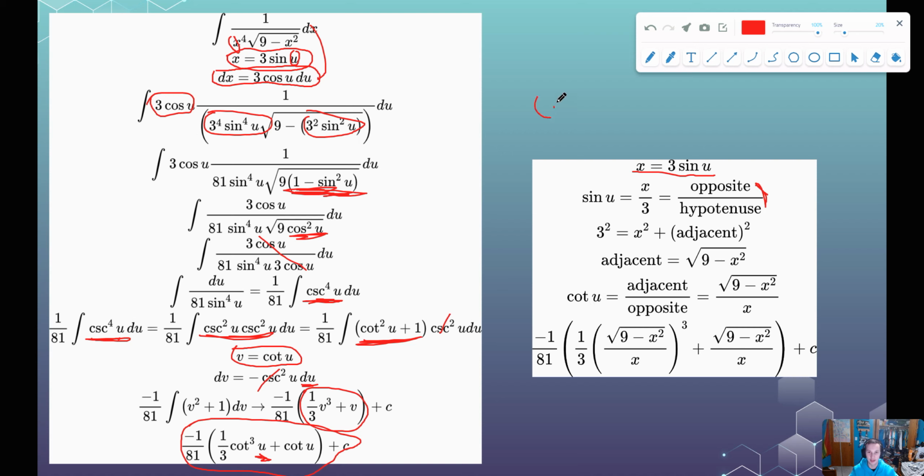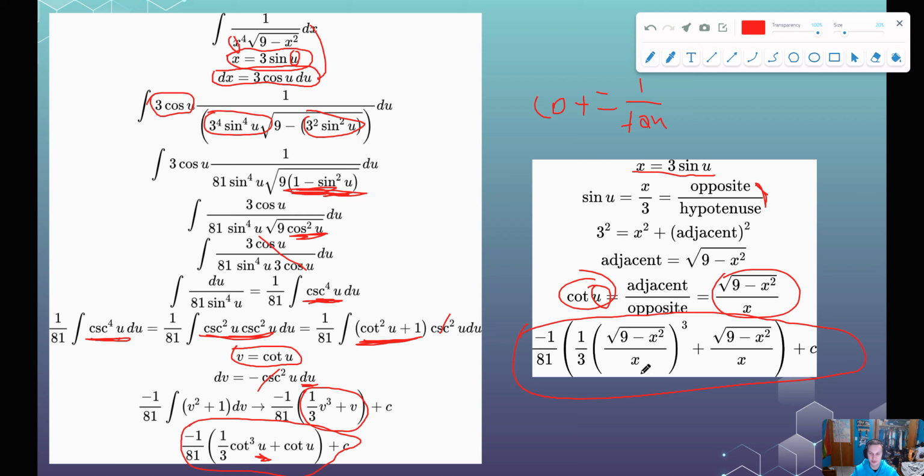So remember, cotangent is equal to 1 over tangent, okay? So instead of opposite over the adjacent, it's the adjacent over the opposite. And once we know that, we can plug this in for all of our cotangent u's, and you get some nice big long expression.